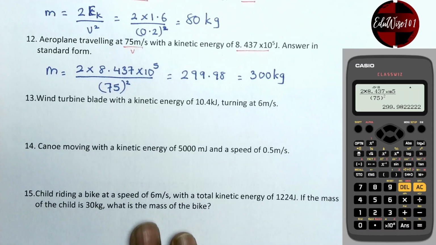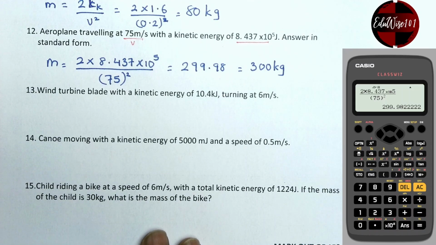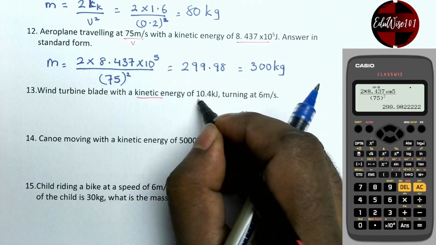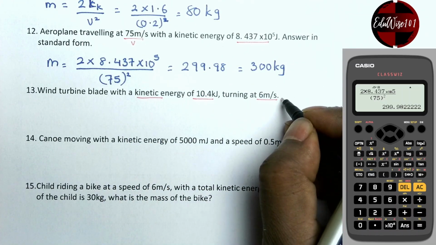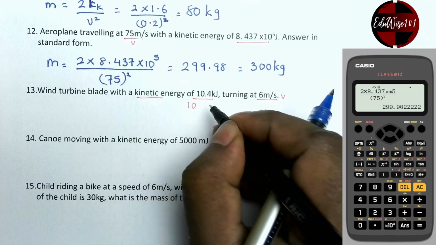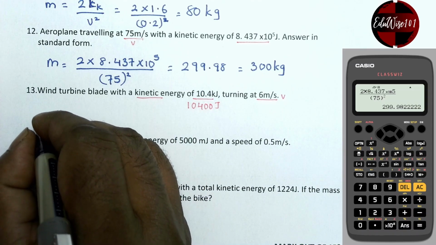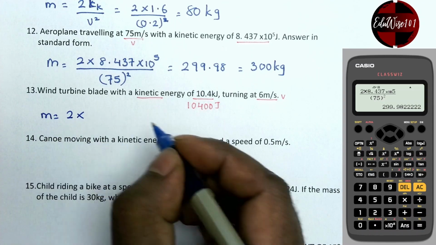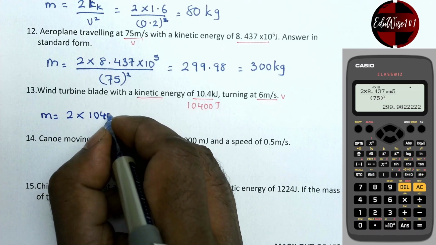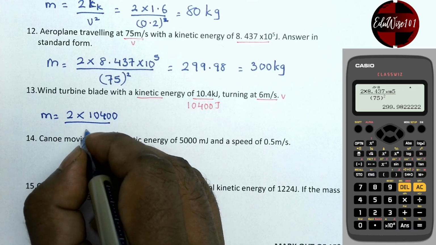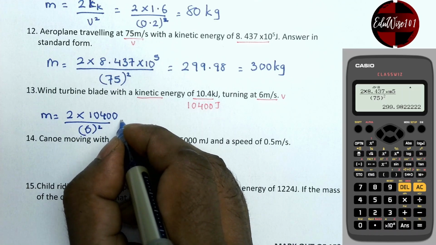Question number 13. A wind turbine blade with a kinetic energy of 10.4 kilojoules turning at 6 meters per second. Kinetic energy is 10.4 kilojoules. That's my velocity. That would be 10,400 joules. So mass is 2 times 10,400 divided by 6 squared.